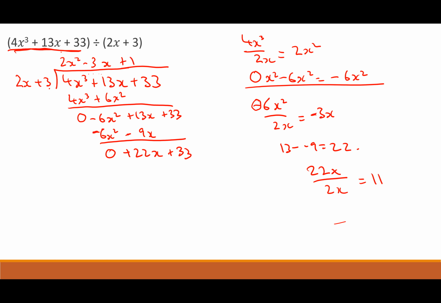So we're left with plus 11. Let's do the multiplication. That's going to be 22x plus 33, and that's going to give you 0. So the answer to this is 2x squared minus 3x plus 11, with no remainder.